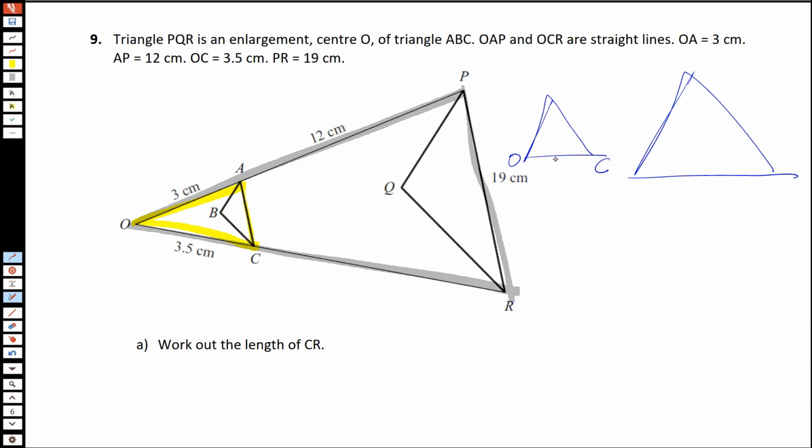So here we have OCA, and then we have ORP.